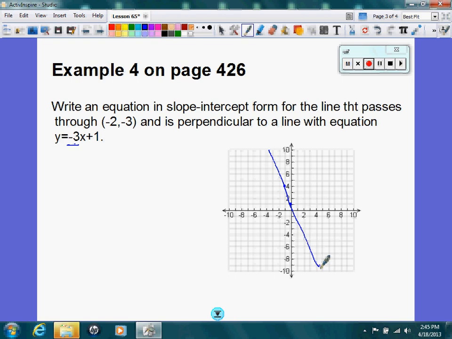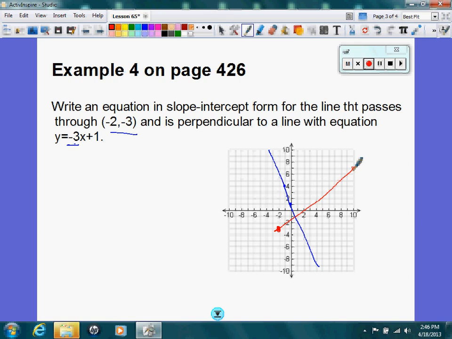Now we want the equation of the line that passes through this point and is perpendicular to this line. So let's find that point, (-2, -3), right there. The line goes through that point and is perpendicular to our first line, so it's going to go something like that.